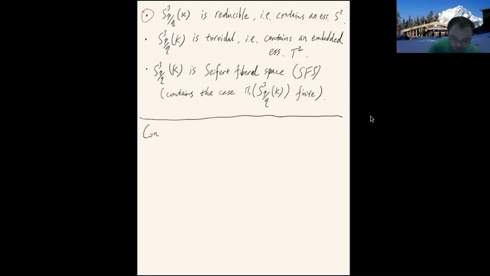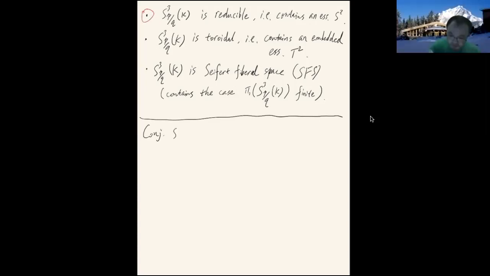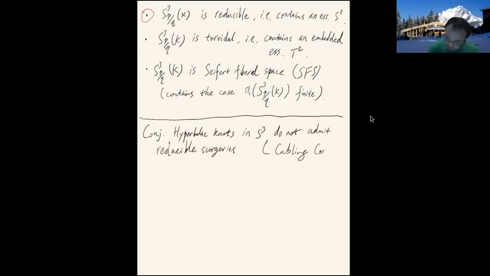There is a conjecture: hyperbolic knots in S3 do not admit reducible surgeries. This conjecture is known as the cabling conjecture, one of the main open questions in dense surgery.